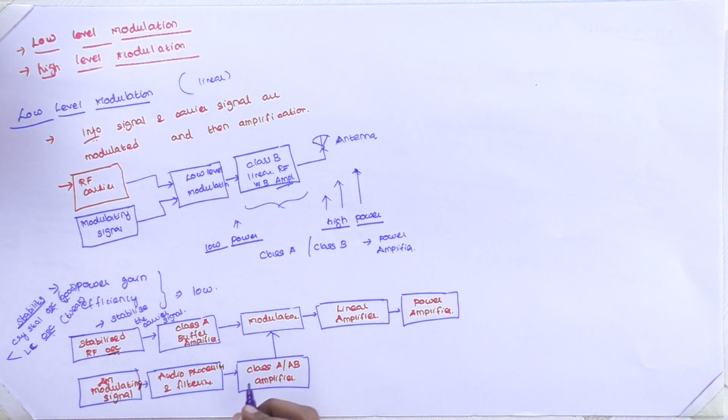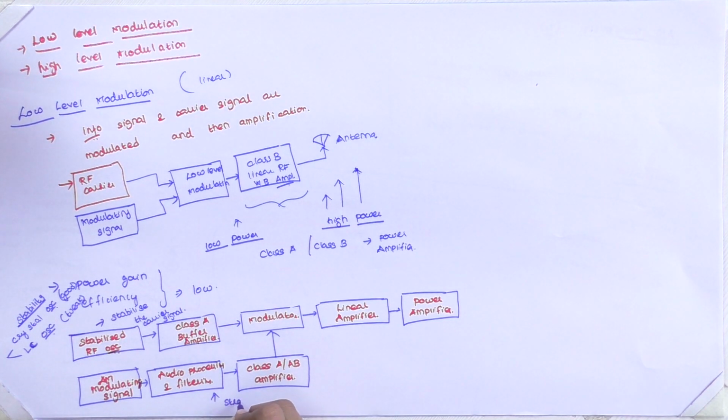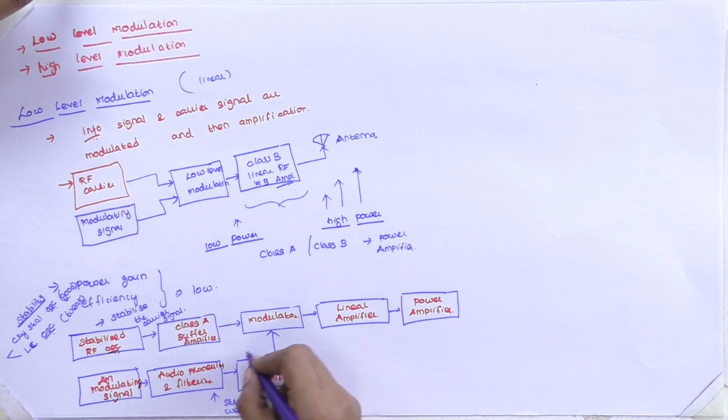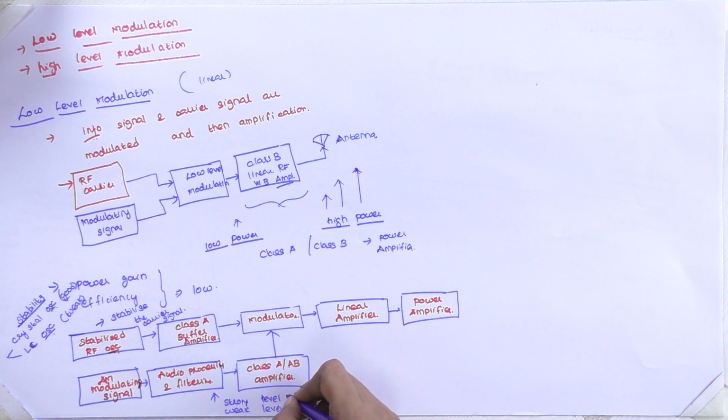That is, we have to make all the signals sufficient to reach the modulator. Strong signals can be processed with low gain, weak signals with high gain. Then audio amplification and filtering is processed by a class A or class B amplifier.